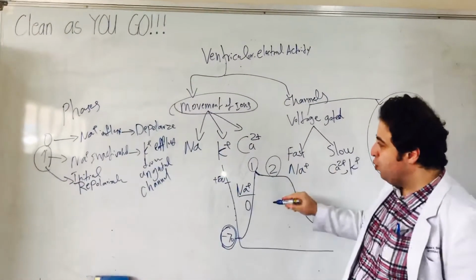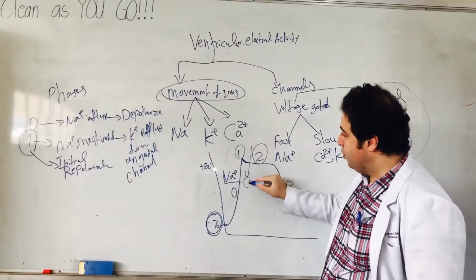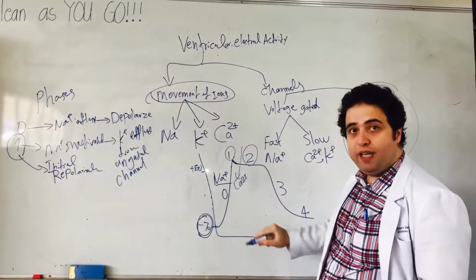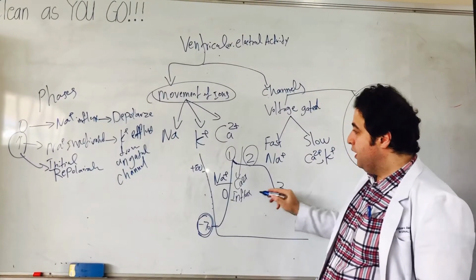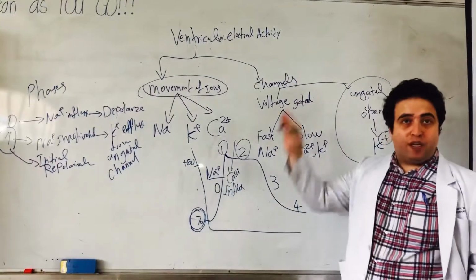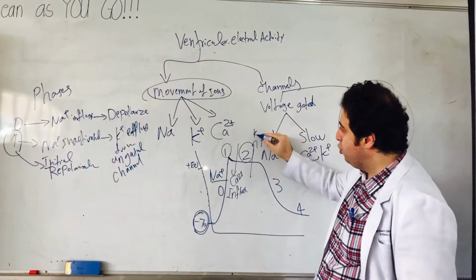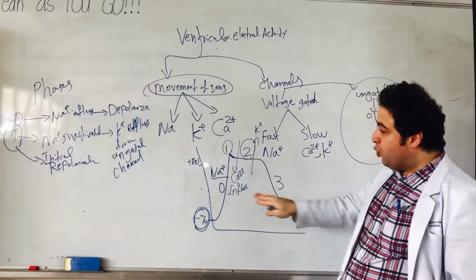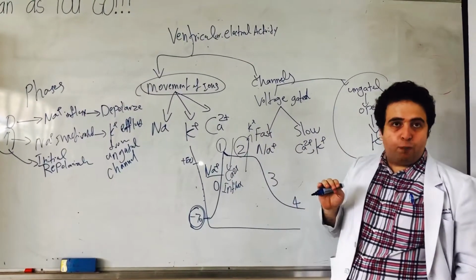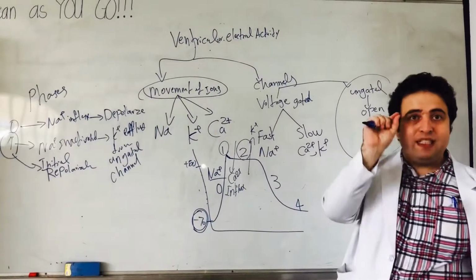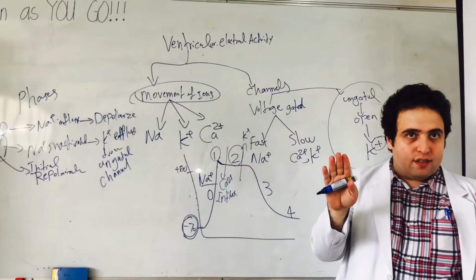In the phase 2, the ion that will influx to the cell is calcium. So calcium will be influx. And the ion that will efflux from the cell is, which ion? Very good, potassium. So influx of calcium and efflux of potassium for 200 milliseconds will cause plateau phase.